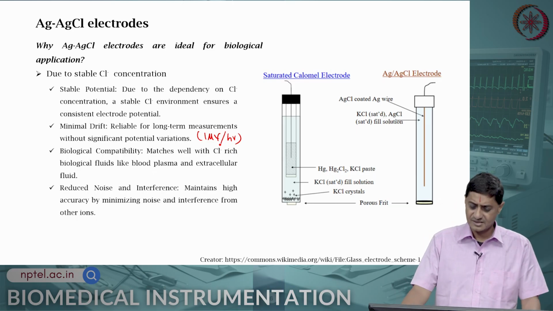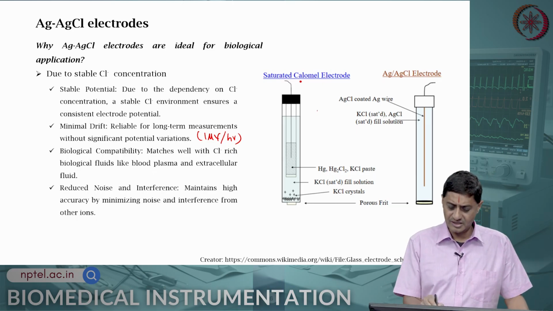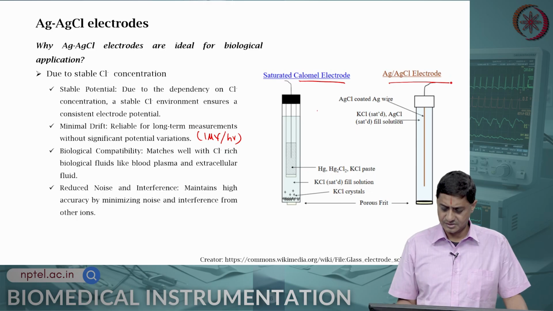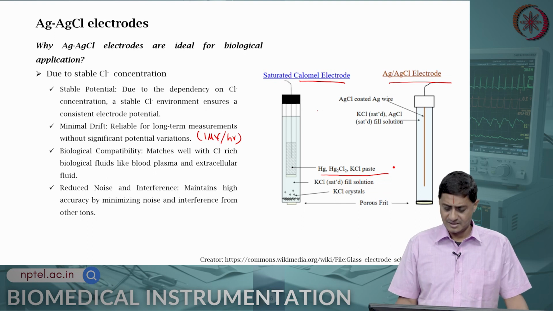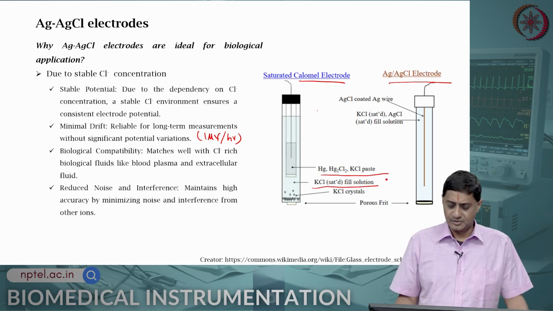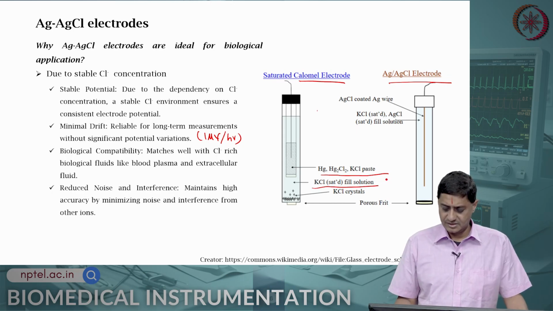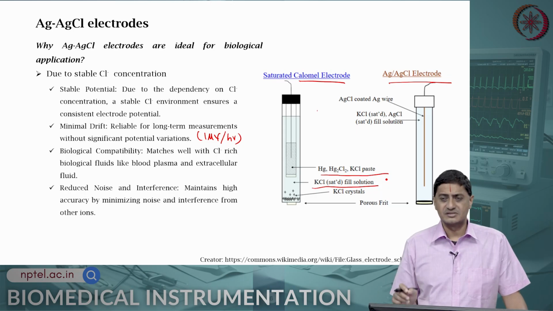Here is a comparison between the Calomel electrode and the silver chloride electrode. You have the mercurous chloride and KCl paste, and the saturated potassium chloride solution, and then you make the measurement of pH using this electrode.